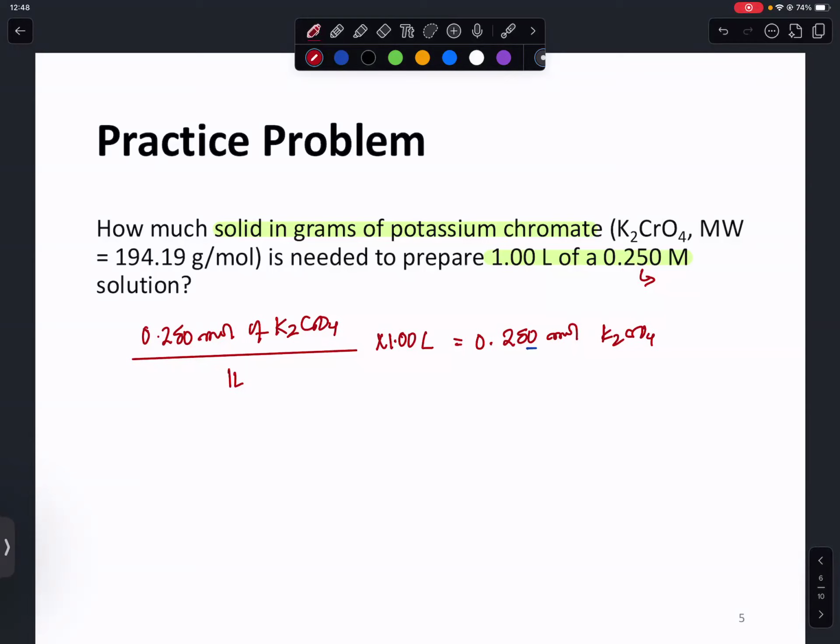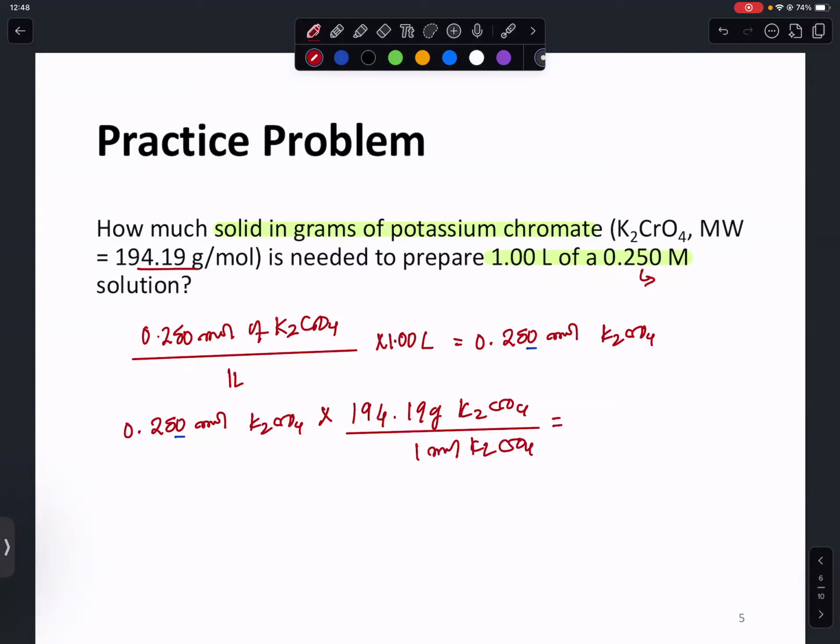And this becomes easy because then I can use the moles right here and then convert them to grams using the molar mass. So I will take this number right here, and then I'm going to multiply by the molar mass, which is given to me in the question, the 194.19 grams of potassium chromate in 1 mole of potassium chromate, and this should give me 48.5475 grams.